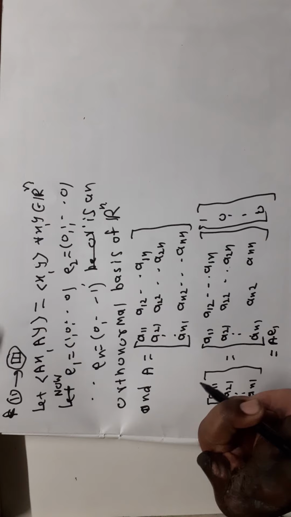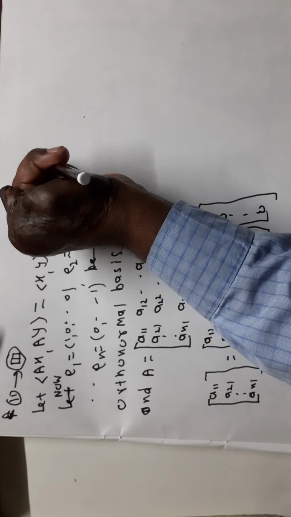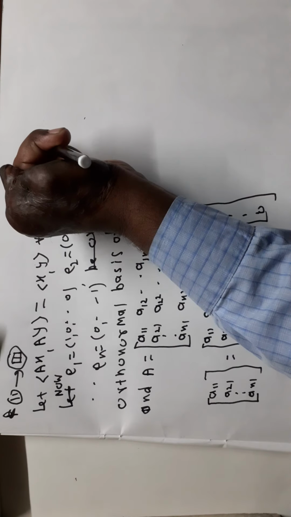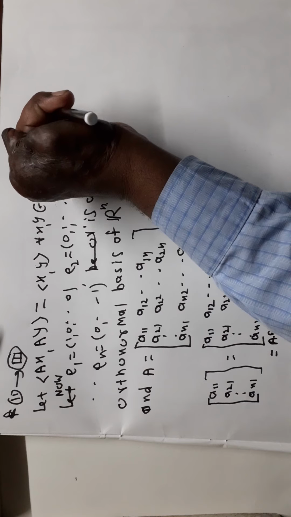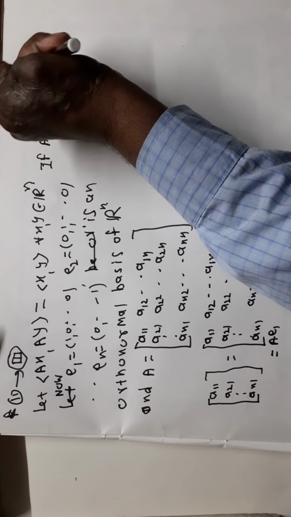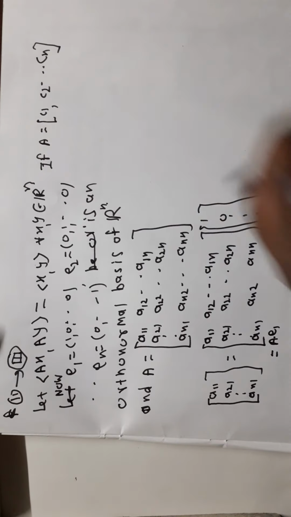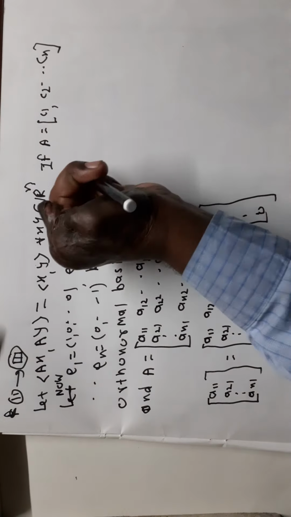Similarly second column of A, if A is equal to C1 C2 Cn, then C1 is equal to AE1.